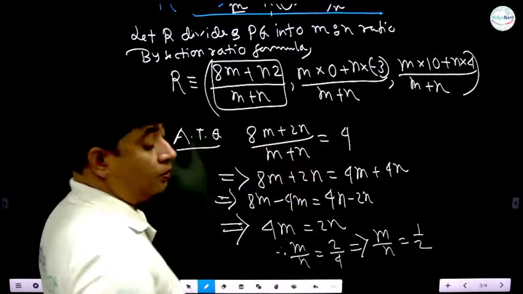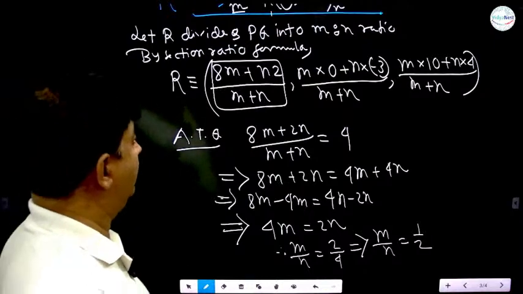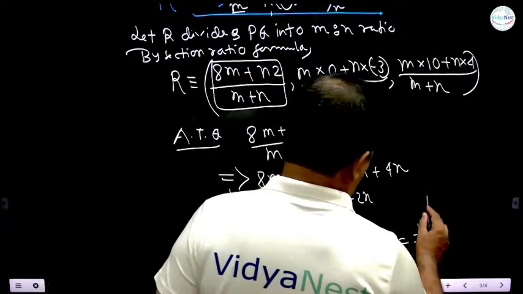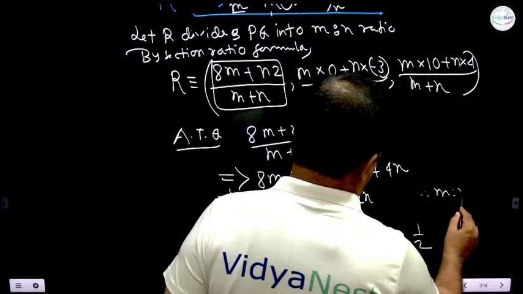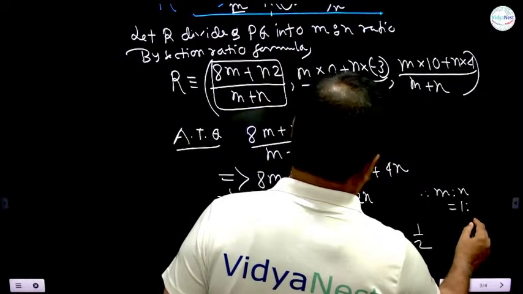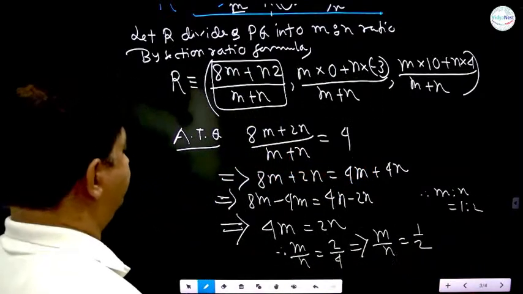So we have got the m is to n ratio as 1 is to 2.